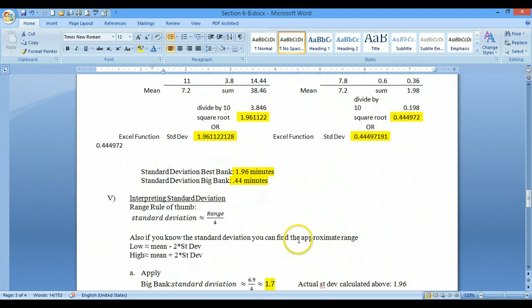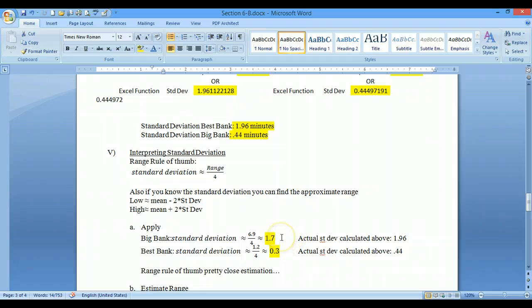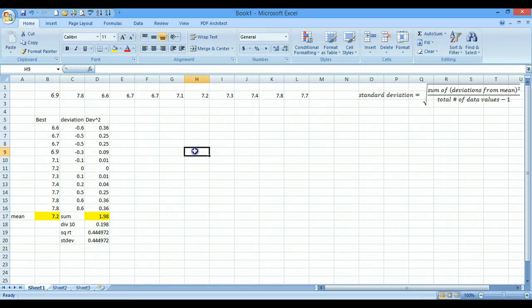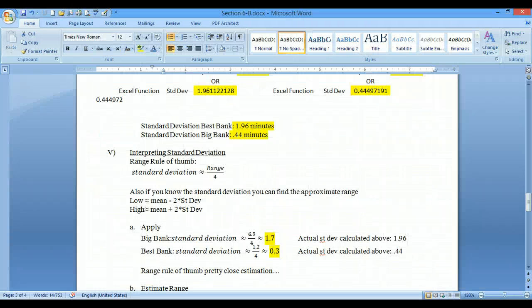We can use our range rule of thumb and approximately find the standard deviation. 6.9 divided by 4, we can use Microsoft Excel to do that, equals 6.9 over 4, which gives us 1.72, or 1.7, and again 1.2 divided by 4, 12 divided by 4 is 3, move your decimal over is 0.3, and let's compare it to our actual standard deviations, 1.9 and 0.4.